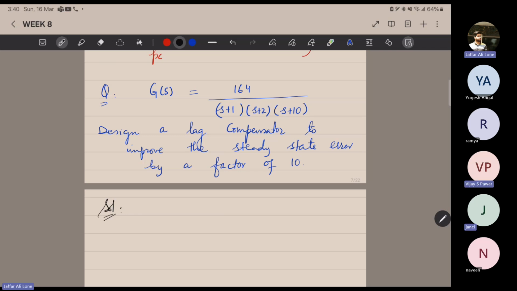Steady state error is given, no? You have to identify what is the type of this system. What is the type of this system? Type 0. It's a type 0 system. So when will the steady state error be finite for a type 0 system?